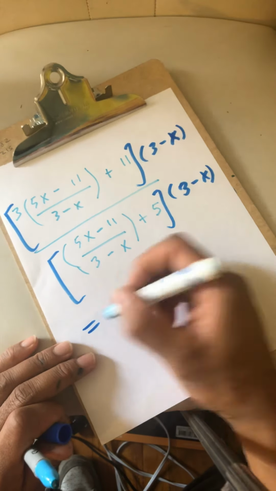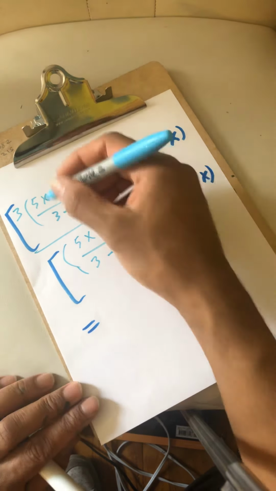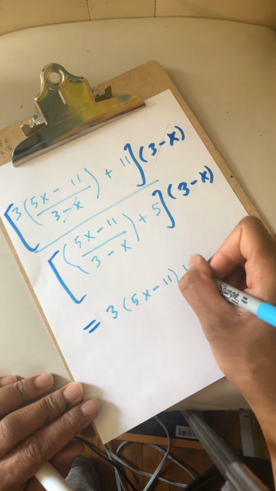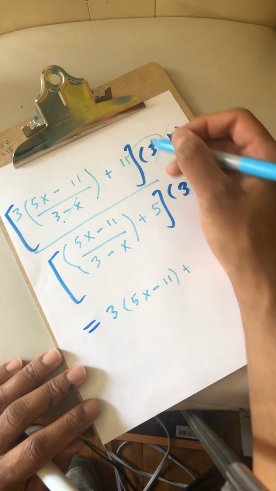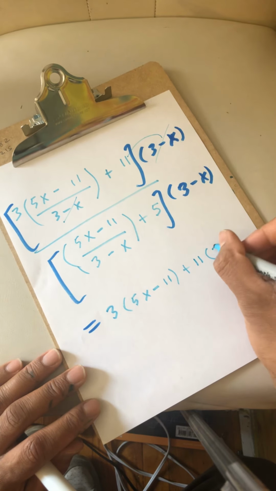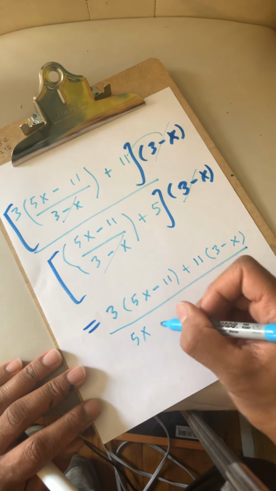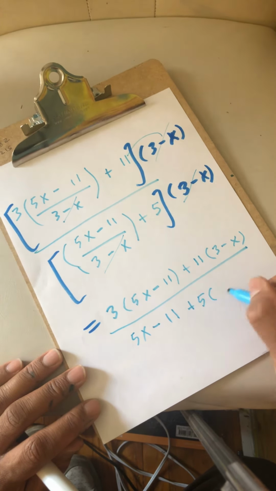All right, and if you do that, you should see that the 3 minus x is going to cancel this. And what you're going to have here is 3 times 5x minus 11 plus, of course, this 3 minus x is also going to multiply the 11. So it's going to be 11 times 3 minus x, all over, again, the 3 minus x canceling this, 5x minus 11 plus 5 times 3 minus x.